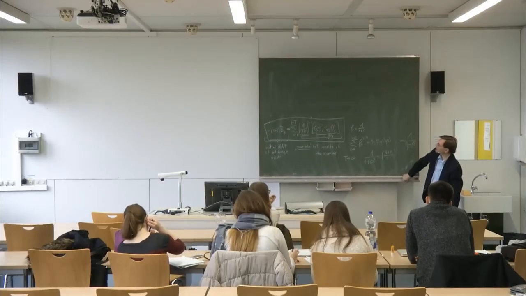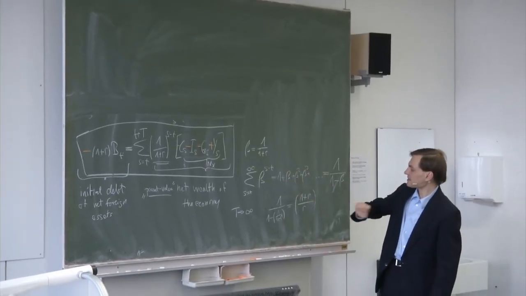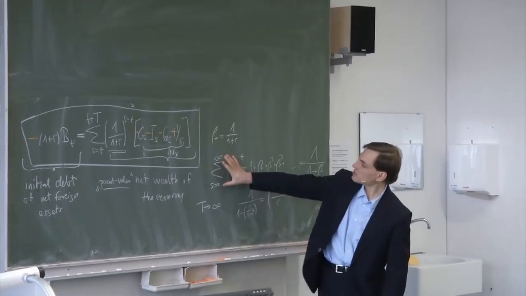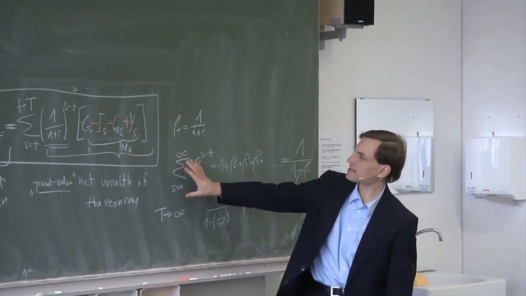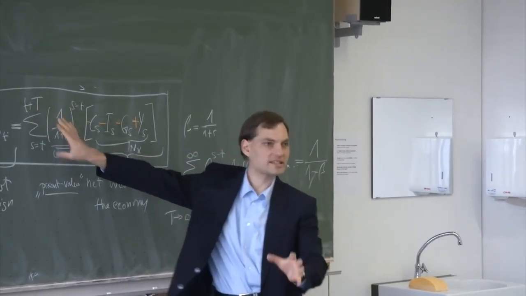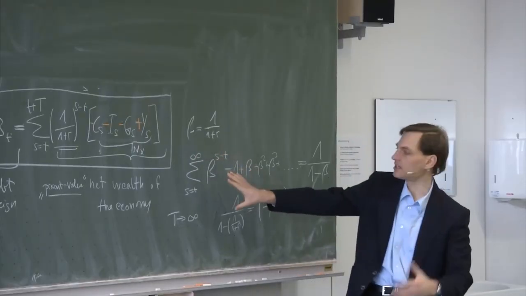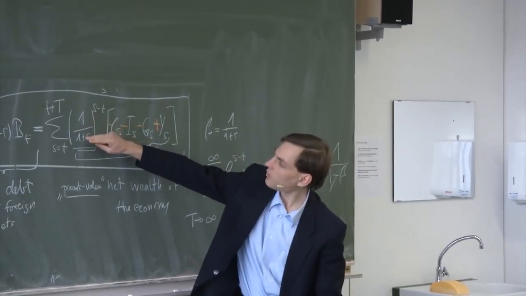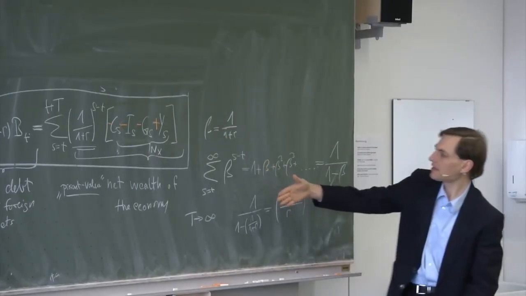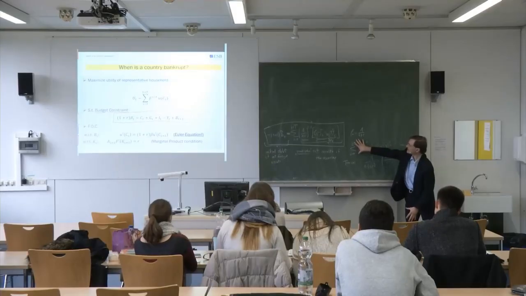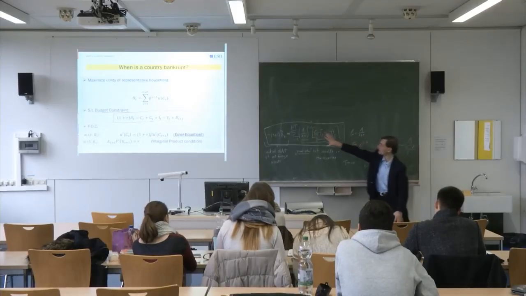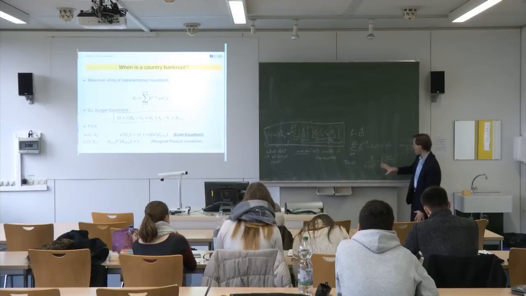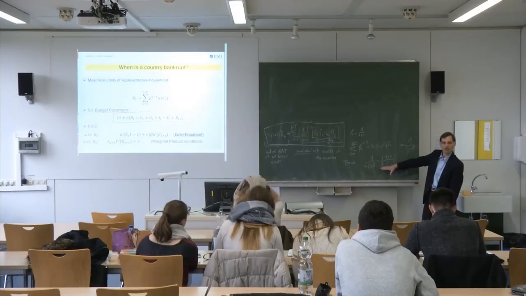And so what I'm going to do next is I assume that we do this summation here not just to a fixed t. I assume that t is now infinity. And then you can see that, instead of 1 over 1 plus r in this sum, I can rewrite this sum in front of my bracket here. Yeah, I can rewrite this sum as 1 plus r over r.